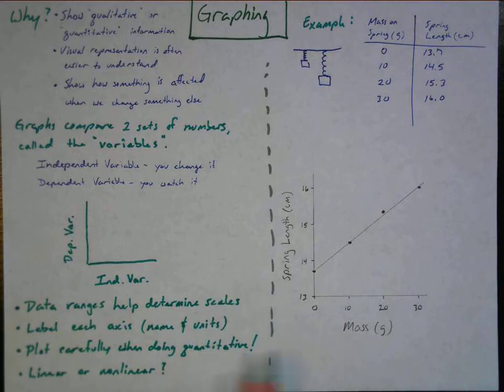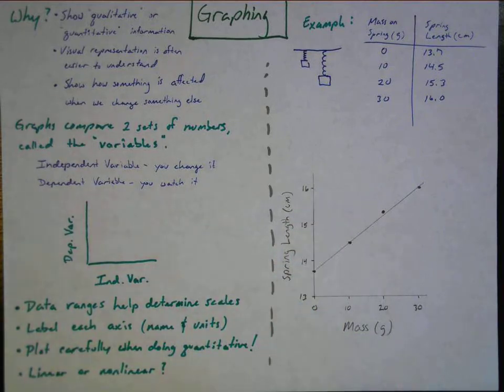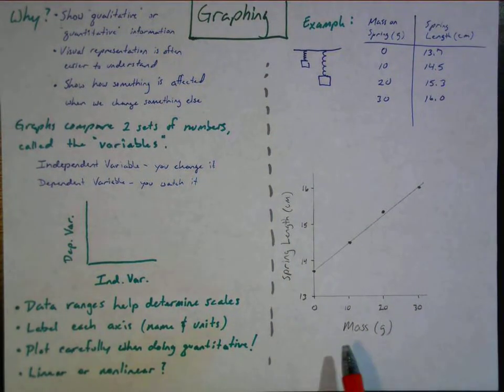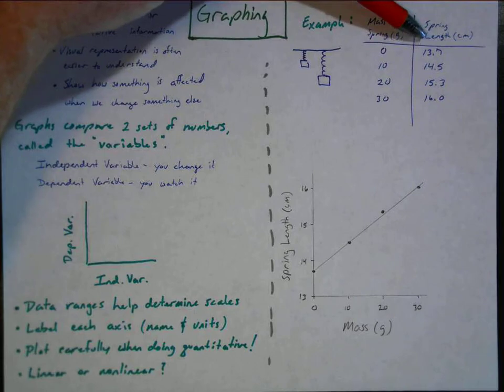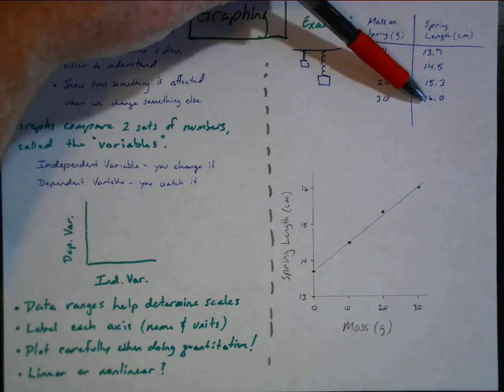And so now we have to set up the scales, the numbers on each axis. And the data range for the mass goes from 0 to 30. So we set up numbers from 0 to 30, and we have to space those out consistently and evenly. And then the same thing for the length of the spring. It starts at 13.7 and it ends at 16.0.